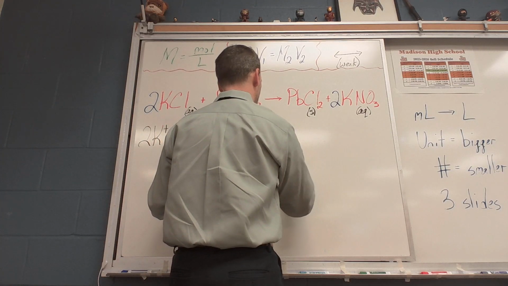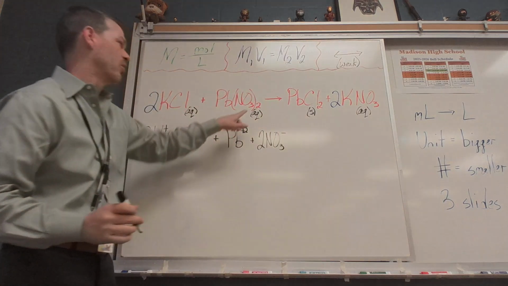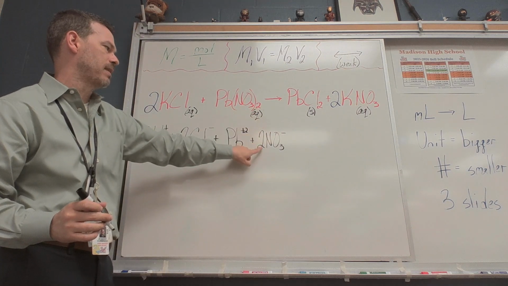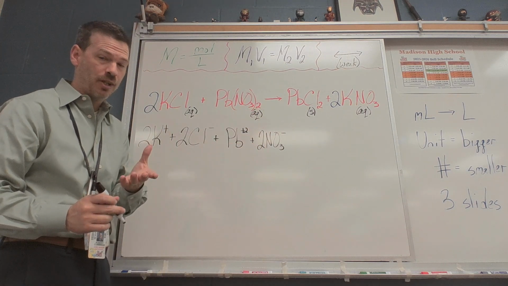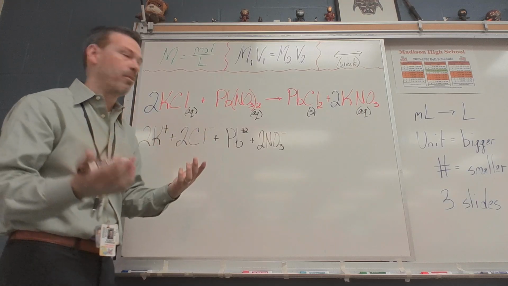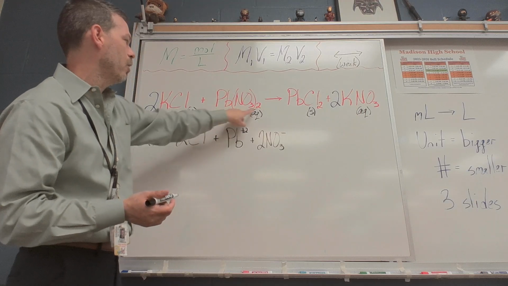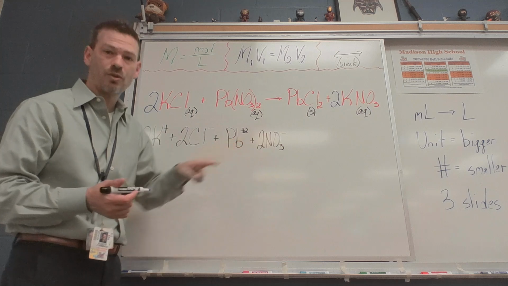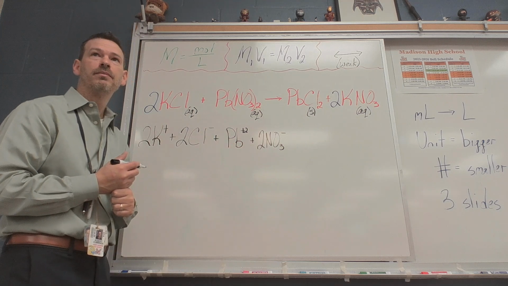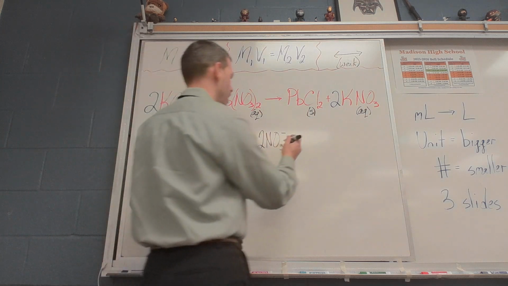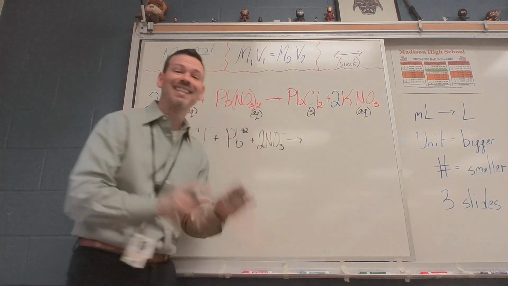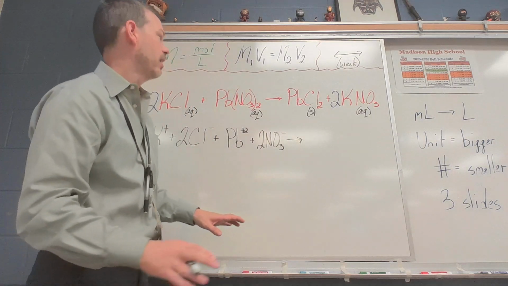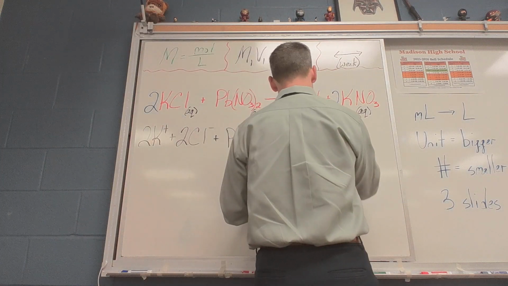So you might remember that this is the moment where subscripts can suddenly represent themselves as coefficients, because it's all about numbers. When this breaks apart, for every one of those, there are 2 of those. Hey, check it out. Our first product does not dissociate, so leave them together.